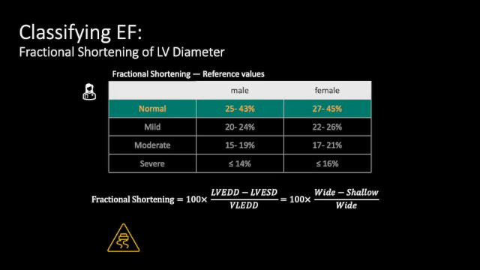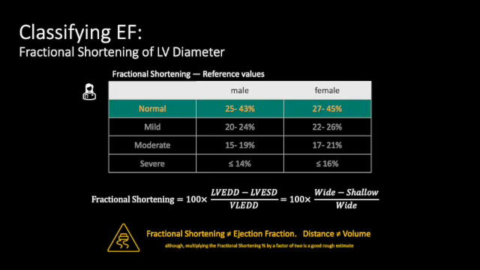However, it's important to remember that fractional shortening itself, this percentage that you're getting, is not the ejection fraction, because it's a measure of distance, not a measure of volume. Because you're only measuring in one plane, it doesn't give you a very accurate ejection fraction. You can multiply by a factor of 2, and that's a good rough estimate, but it's really not the most accurate way of getting an ejection fraction if you're trying to calculate one. It's really only useful for knowing, is this heart grossly contracting well or not?